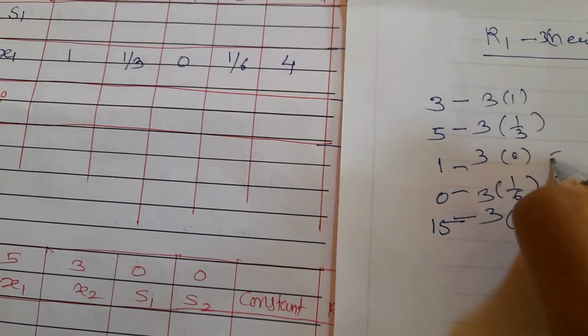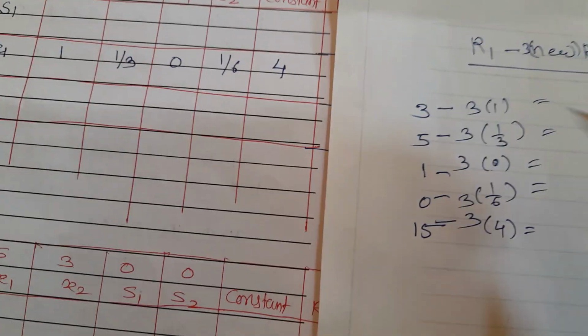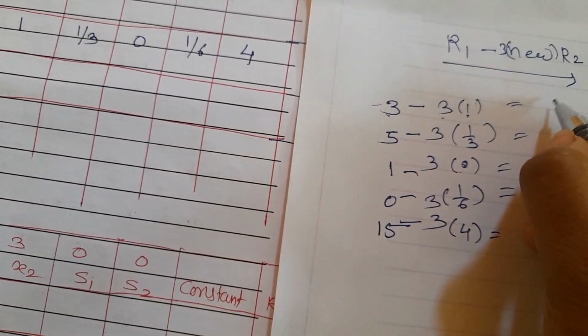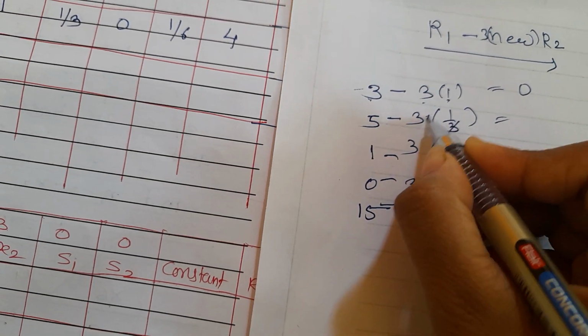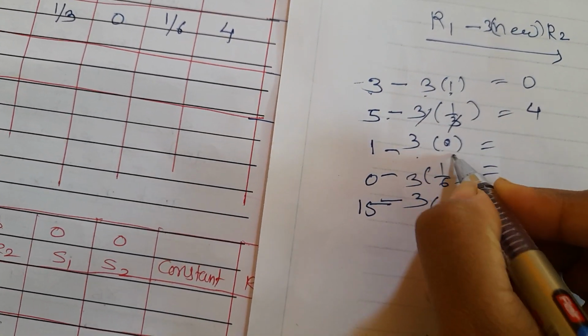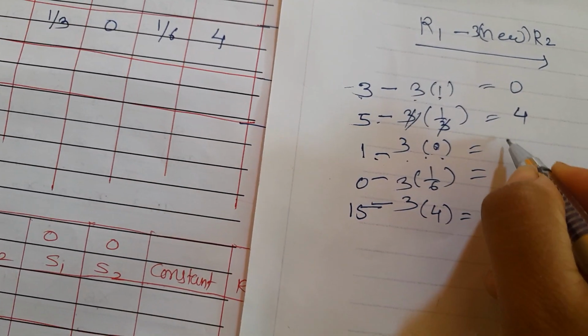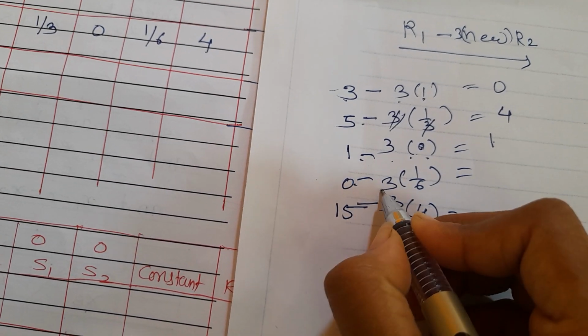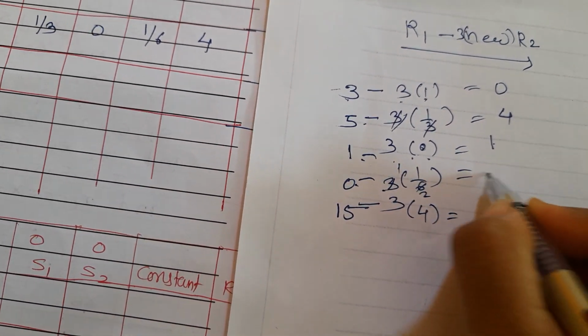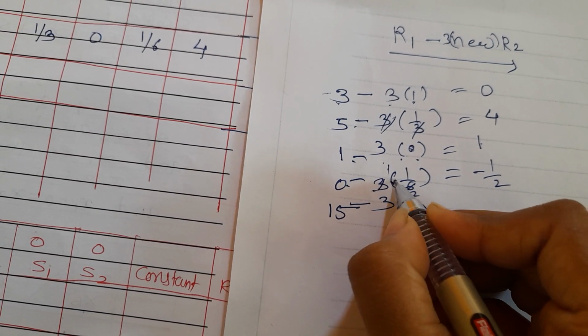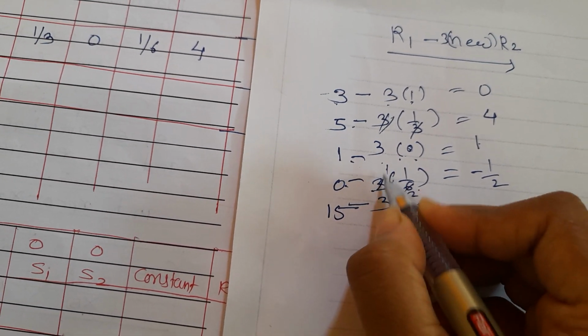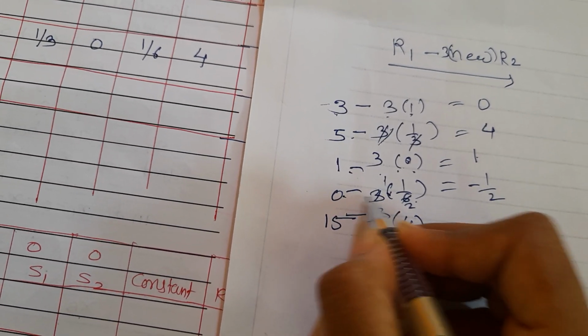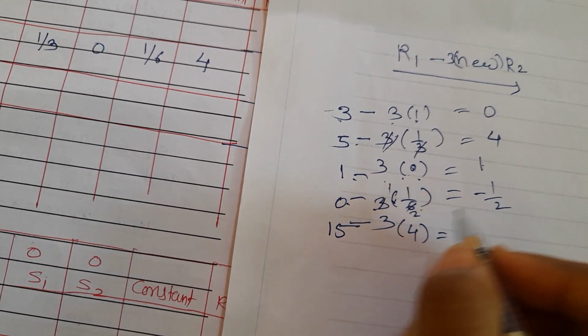In that way our calculation is fast. 3 into 1 is 3, 3 minus 3 is 0. 5 minus 1 is 4. 3 into 0 is 0, 1 minus 0 is 1. 0 minus 3 times 1 by 6, which is 1 half, so minus 1 half. Here is a multiplication, so 3 ones are 3 and 3 into 6 is 2 after cancelling. If there is a minus, then no need for any operations.